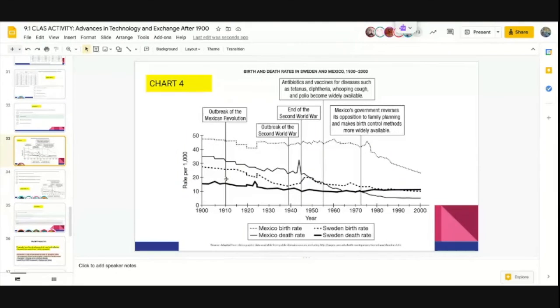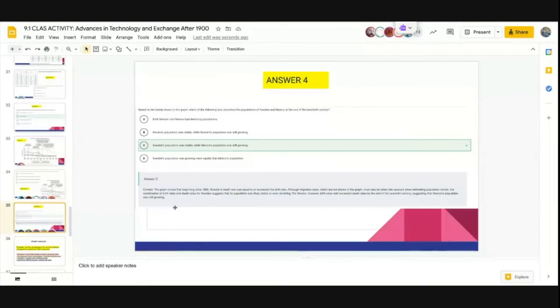Because when you look at Mexico's birth rate and the death rate, you see Mexico's birth rate is slowly declining over time. A lot of people make that mistake. So you see the downward trend and you're like, well, it's getting worse. But what you actually need to look at, from the beginning to the end, is that it's still well above the death rate, which actually means that it's still growing. Okay?